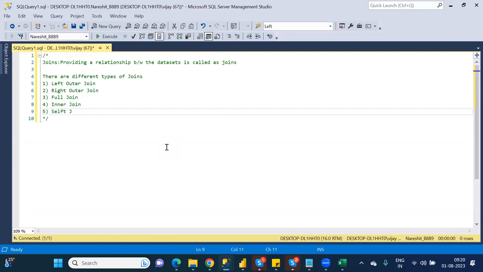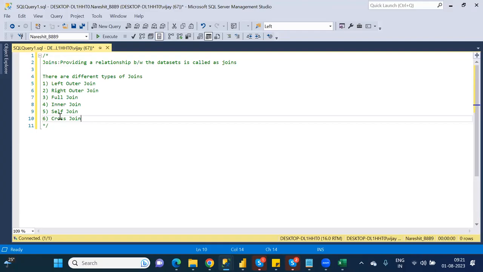Self join, next one, cross join. These are the 6 types of joins. Left outer join, right outer join, full outer join, inner join, self join, and cross join. These are the different types of joins available in SQL Server.